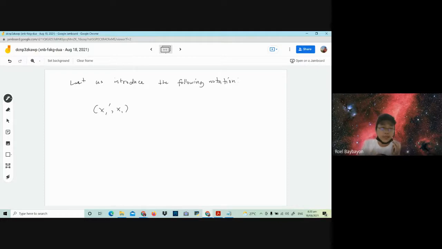Take note, this is just a notation for the angle between x1 prime and x1. The angle, with the close parenthesis, x1 prime comma x1 is a notation for the angle between x1 prime and x1.